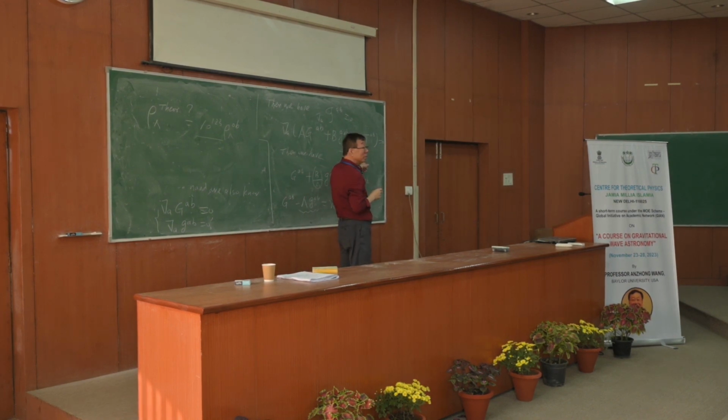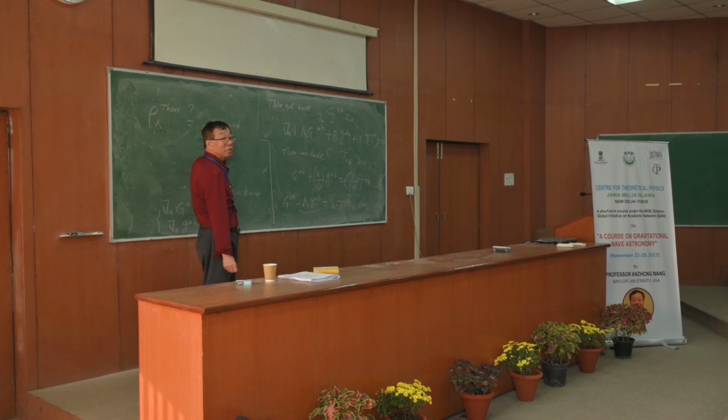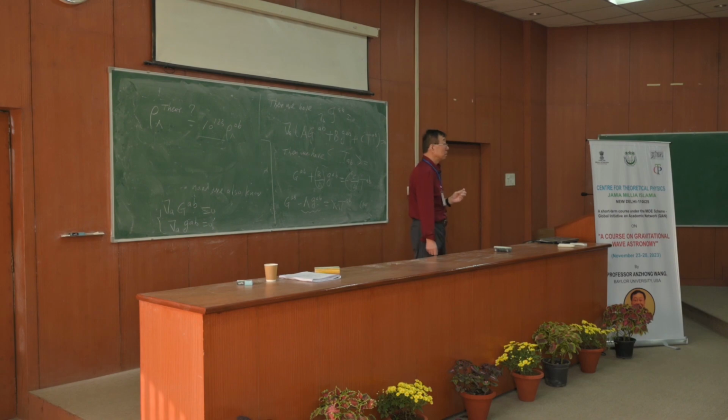Then you promote it to an operator, then you consider the expectation values, right? This gives the cosmological constant. That cosmological constant is 123 orders larger than what we need. This is the problem, called the cosmological constant problem.